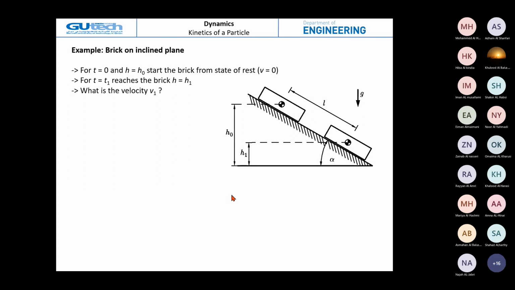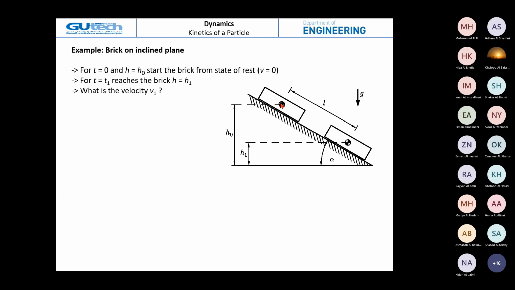Now we take the brake on an inclined plane, for t equal to 0, moving along this direction, downward. For t equal to 0, we have the height from the ground, h0, and we say that the brake starts from a state of rest, so the velocity is equal to 0 at time t0.